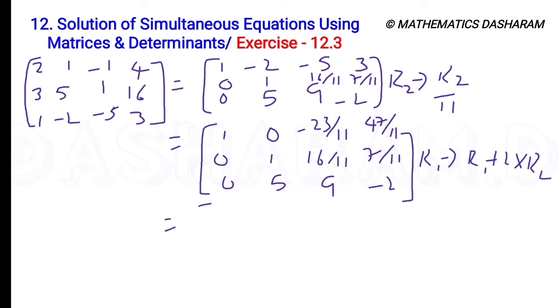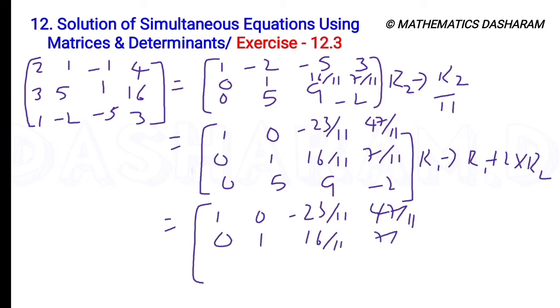So the rows are 1, 0, minus 23 by 11, 47 by 11; 0, 1, 16 by 11, 7 by 11. Now R3 is replaced with R3 minus 5 into R2.